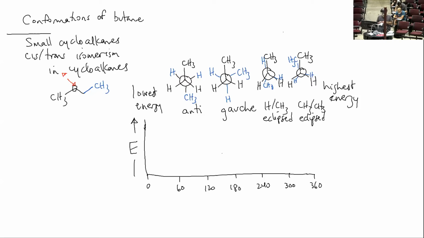But I don't know that 0 has to be defined as anti or defined as methyl-methyl eclipsed or anything like that. In other words, you can shift the energy diagram horizontally to whatever extent you want, and it will still carry the same information. The point being for you guys in terms of what you need to know is you don't need to memorize that 0 degrees means something. Does that make sense? It doesn't necessarily correspond to a particular conformation. At least I don't see why it should.